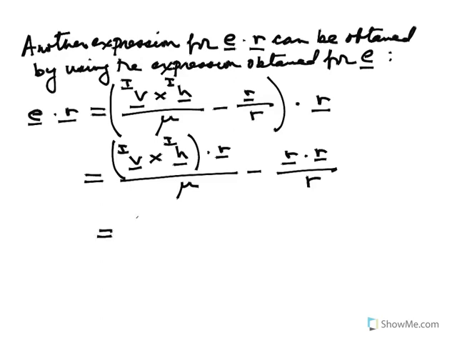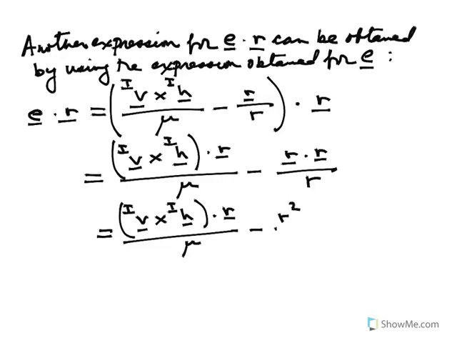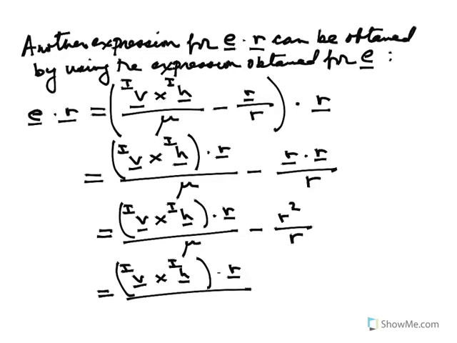So this gives VI crossed with HI dotted with R all divided by mu minus R squared all divided by R, which is equal to VI crossed with HI dotted with R all divided by mu minus R.